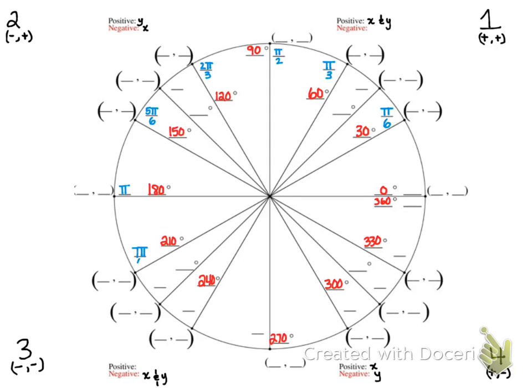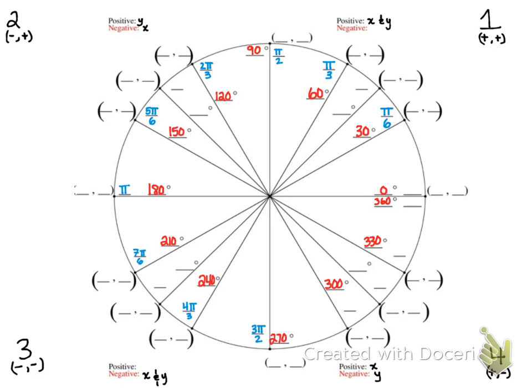Again, doesn't reduce. And then we have 8 pi over 6, which reduces to 4 pi over 3. And then 9 pi over 6, which is 3 pi over 2.